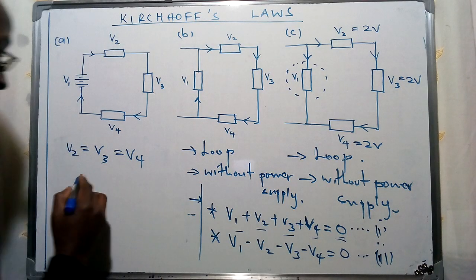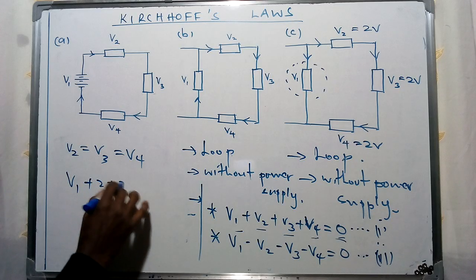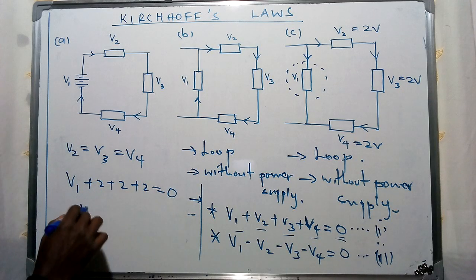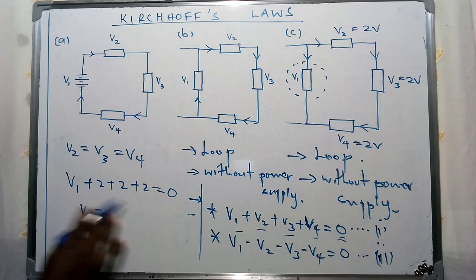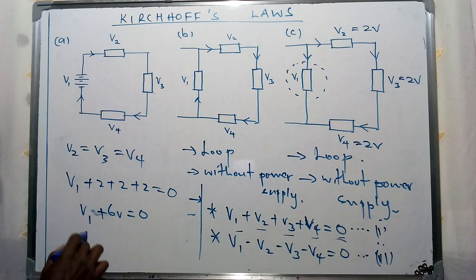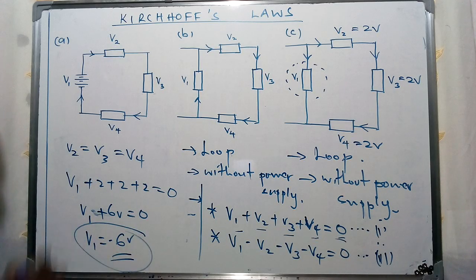So for us to have this equation, we're going to have V1 plus 2 plus 2 plus 2 equivalent to 0. So V1 plus 6 volts is equivalent to 0, so V1 is equivalent to negative 6 volts. So in this case, as we said, one of the values has to be negative in order for us to be obeying this specific condition for Kirchhoff's second law.